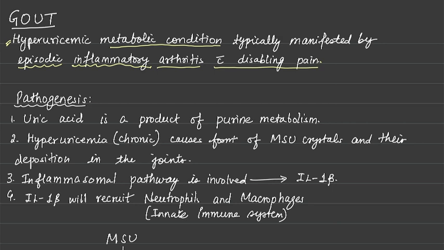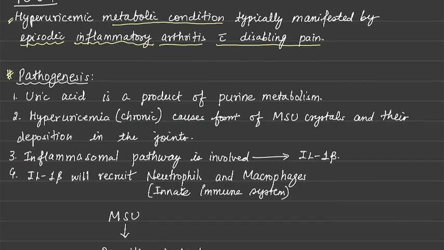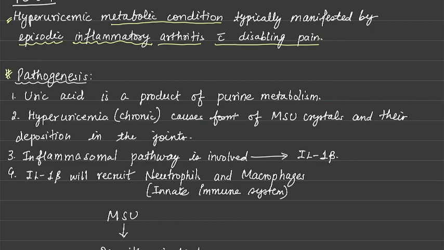So, what is the pathogenesis? How does it develop? See, uric acid is a product of purine metabolism, and there are many conditions in which there is hyperuricemia, means there is chronic elevation in the levels of uric acid in the blood, which causes supersaturation of blood, leading to crystallization, and the crystals are deposited in the form of monosodium urate in the joints, right?